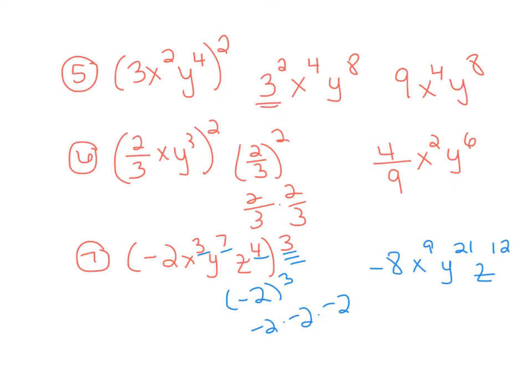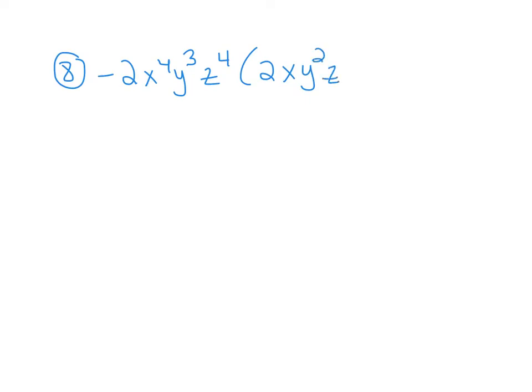So now, all right, number 8, we're going to put this all together. So if you have this, -2, x to the fourth, y to the third, z to the fourth, times 2x, y squared, z cubed squared.